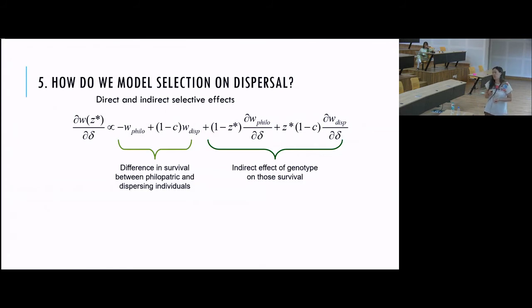Otherwise, its derivative is 0. So it means that the survival of a Fitzpatrick offspring depends on the strategy of the mutant. And the same here. This term is not 0 if the mean survival of a dispersing offspring depends on the phenotype of my mutant. So when will that happen?